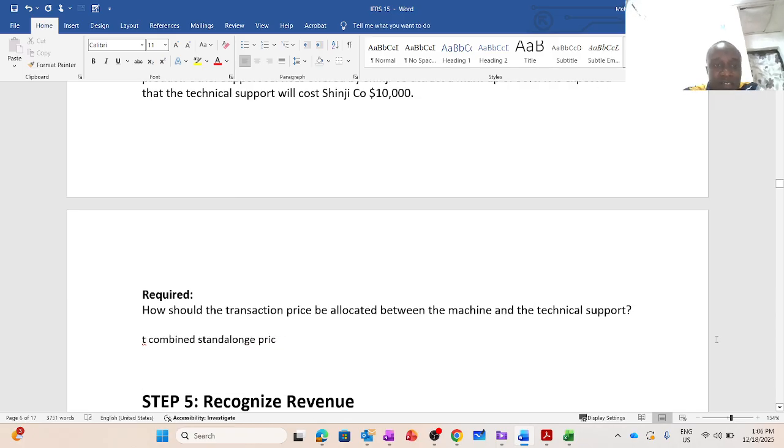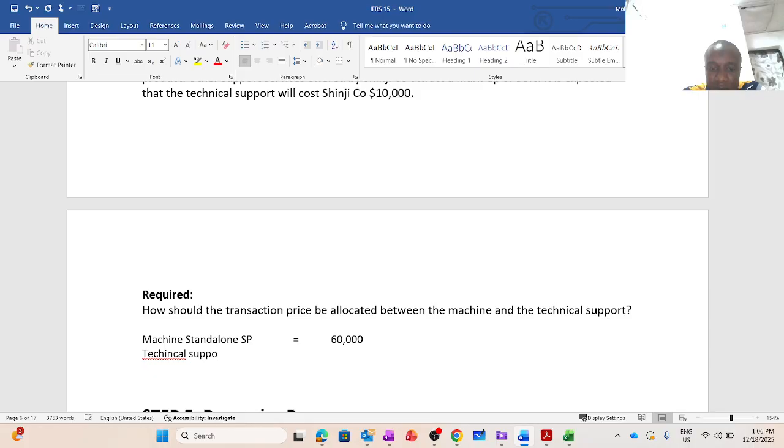Let's first identify the standalone selling price. Machine standalone selling price is equal to 60, as given in the question.